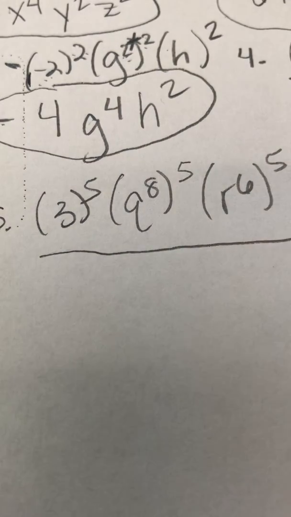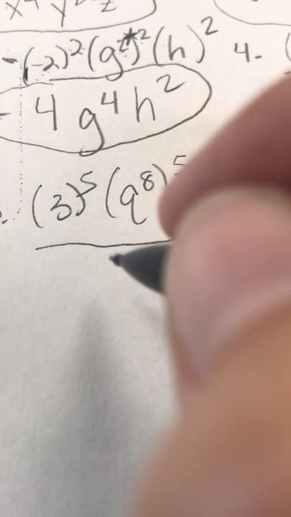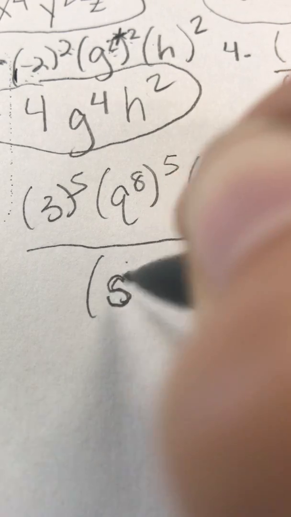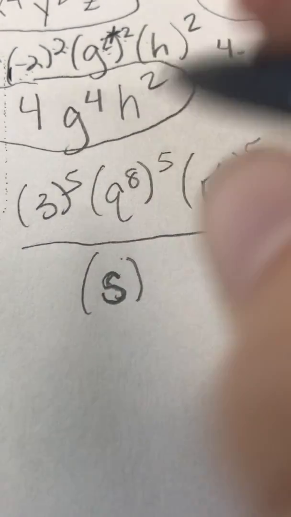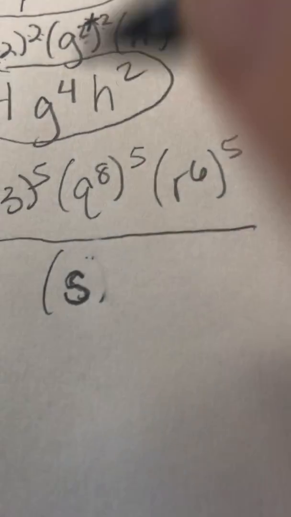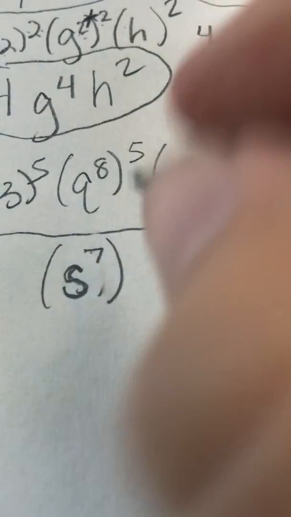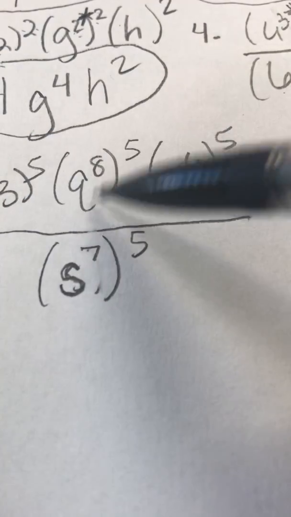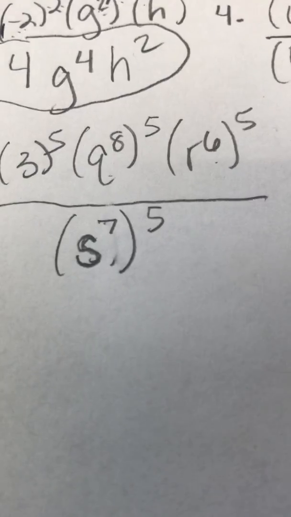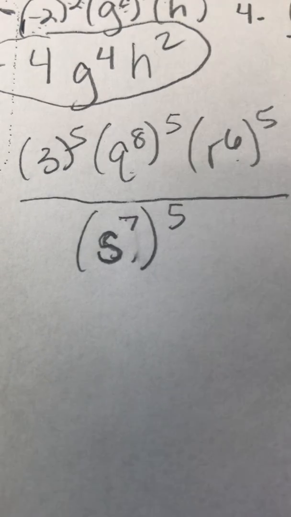Over, on the bottom, we have an S to the 7th. And that is also raised to the 5th power. There are my 1, 2, 3, 4 factors that were inside my parentheses. So each one of these has to be raised to the 5th power.